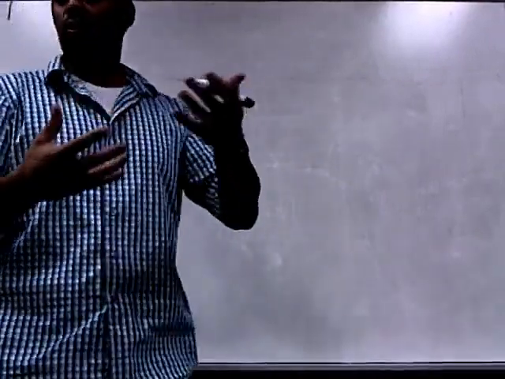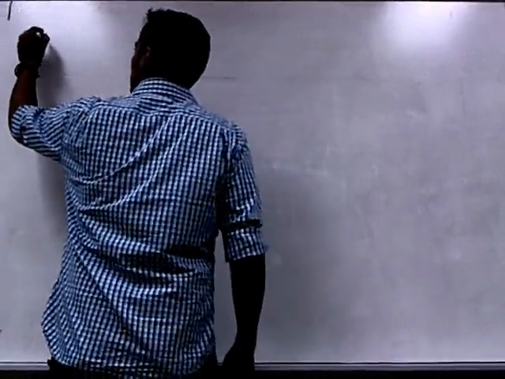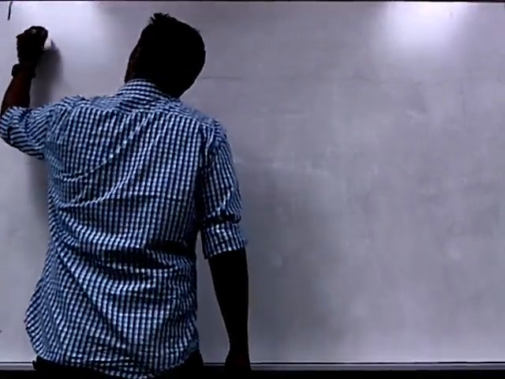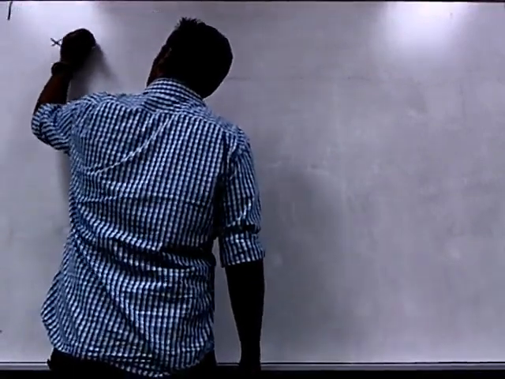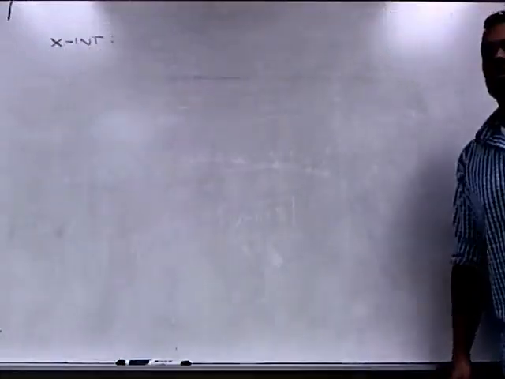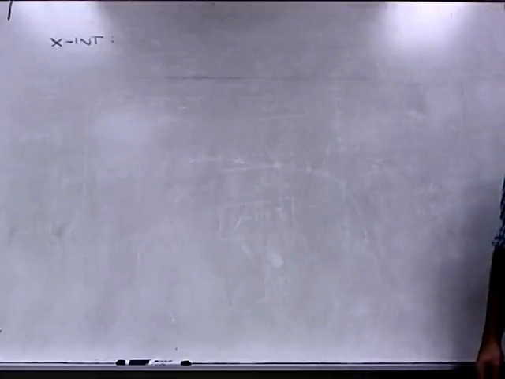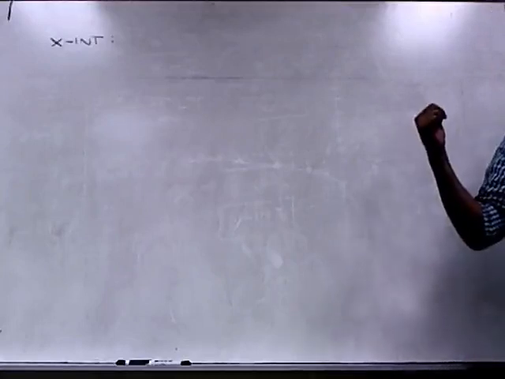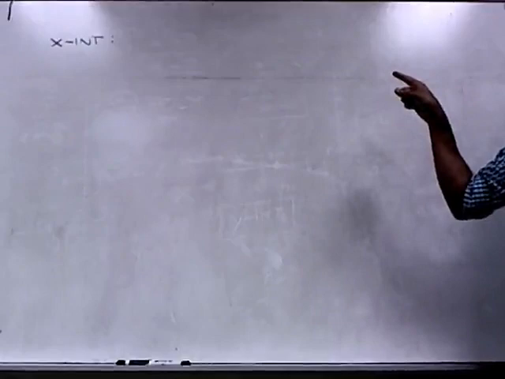So let me list out the characteristics of rational functions, the things that we look for. First of all, x-intercepts. Okay. So for the x-intercepts, does anyone remember where that x-intercept came from on that example? It was when the top was 0, right?